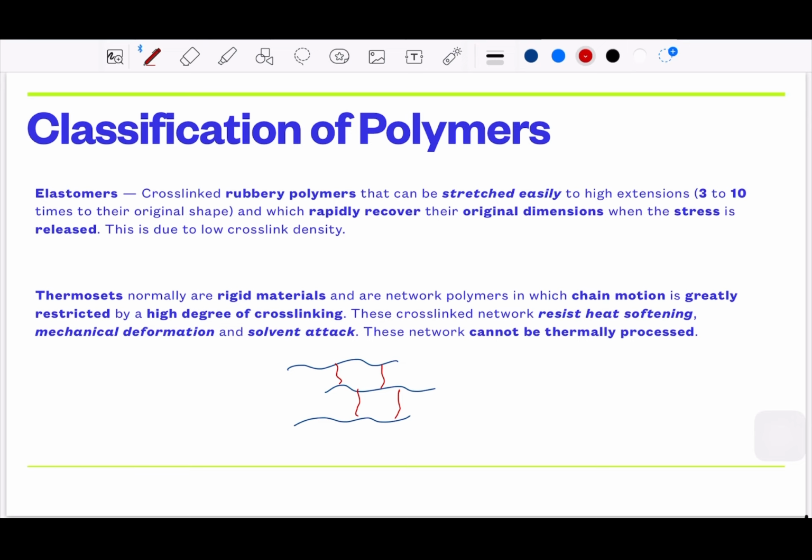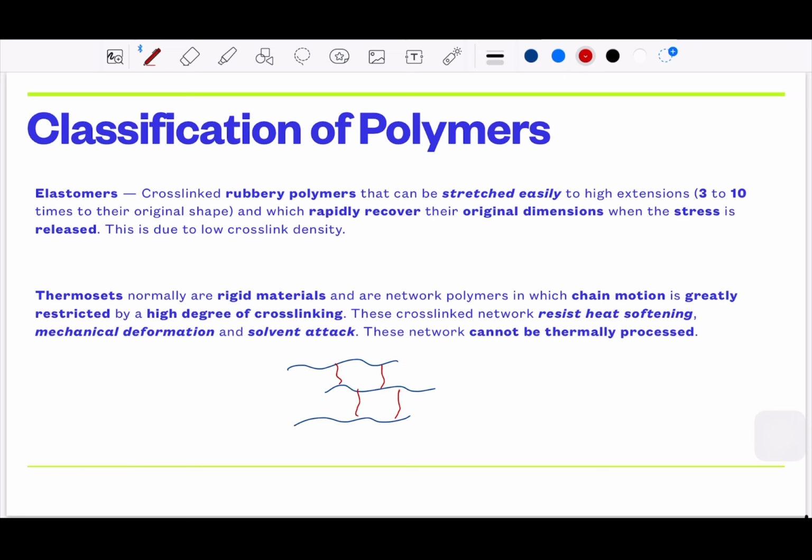One really important thing about crosslinks is that they cannot be thermally processed, so you cannot recycle. In thermoplastic, you can increase the temperature, process and reprocess it, and make it into another material.